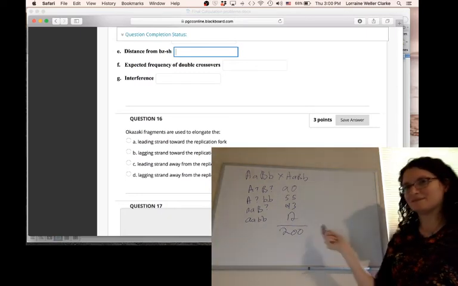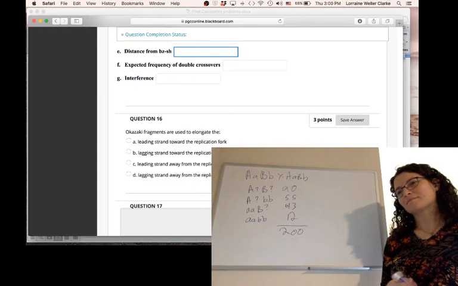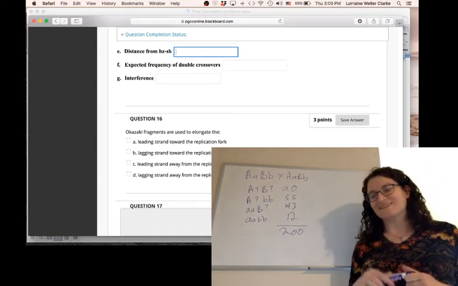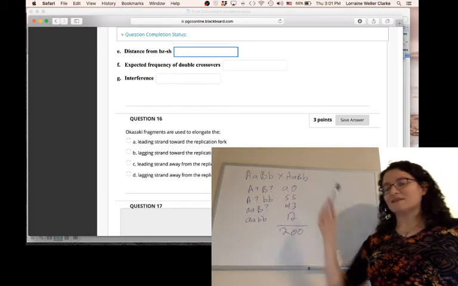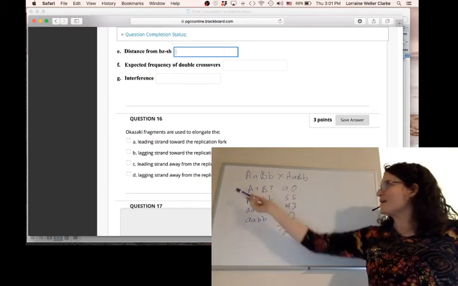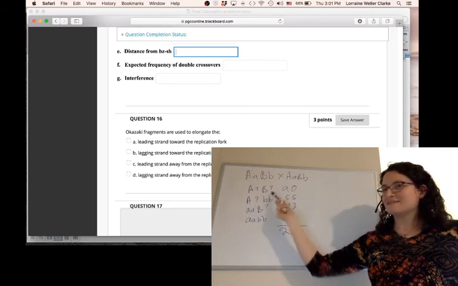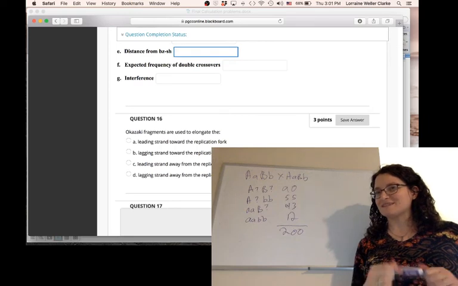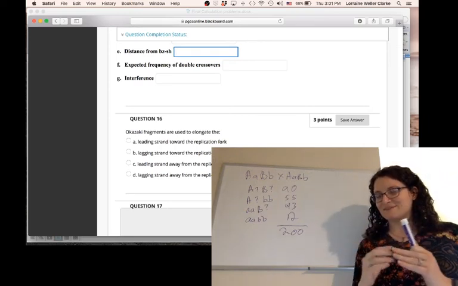What should this be? Not 25 for each one. That's the key here. You have to build it first. In this crossing, if you made a big 16 square, how many of them would have both dominants?